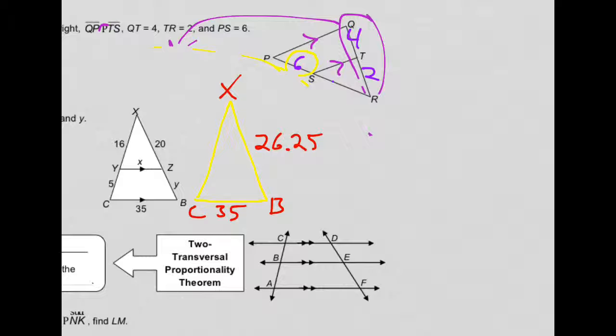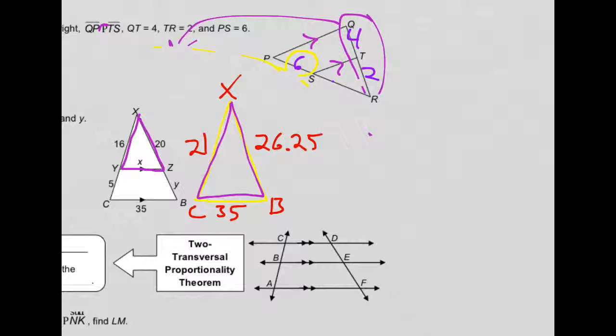And XC over here is 16 plus 5, which is 21. So now I'm comparing two triangles, XYZ and XCB, right?